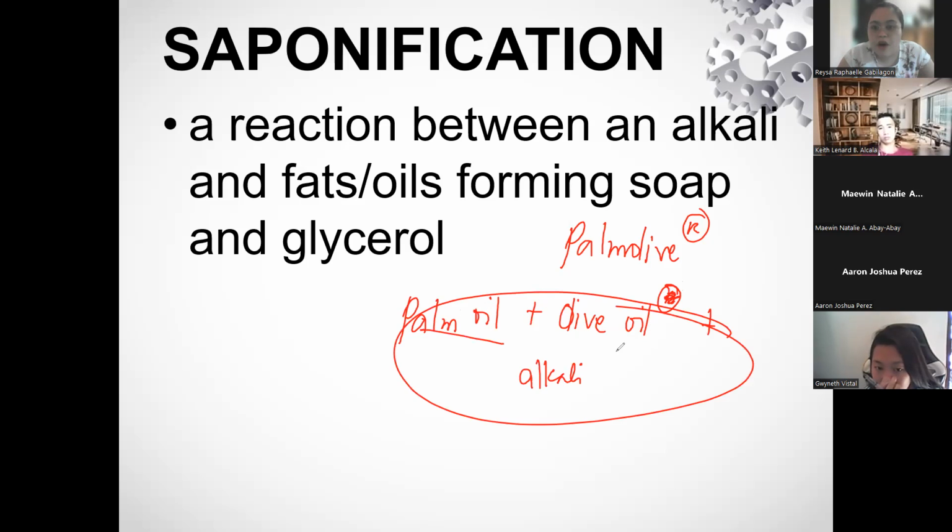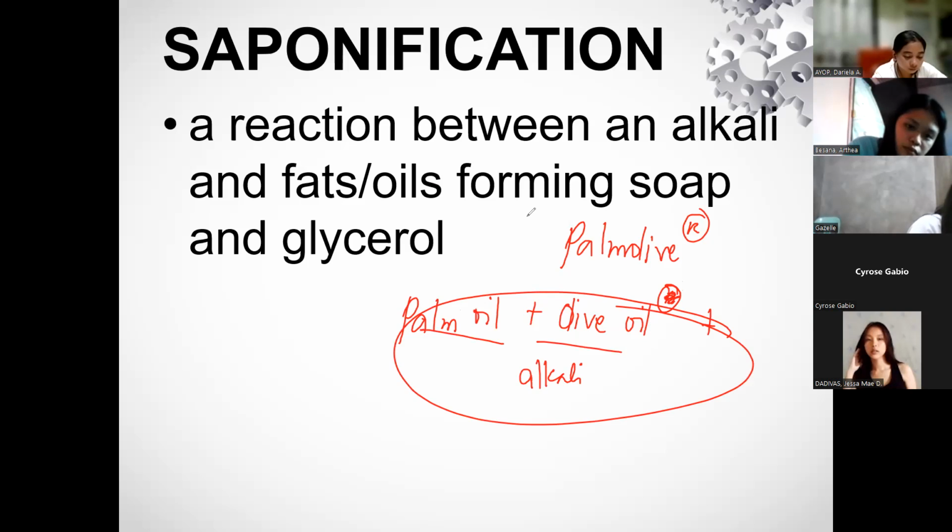So since dalawang klaseng oil yung ginamit, dinugtong nila yung pangalan, naging Palmolive na siya. That becomes now the brand name. Okay, but the process is still called saponification. Okay? Questions so far?